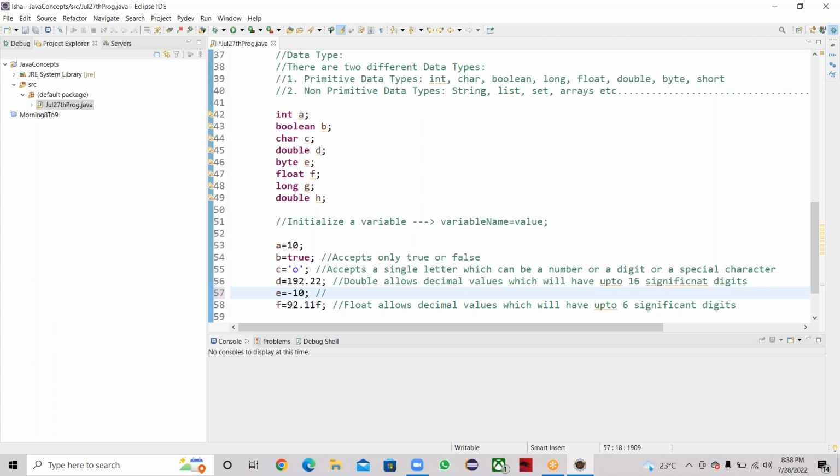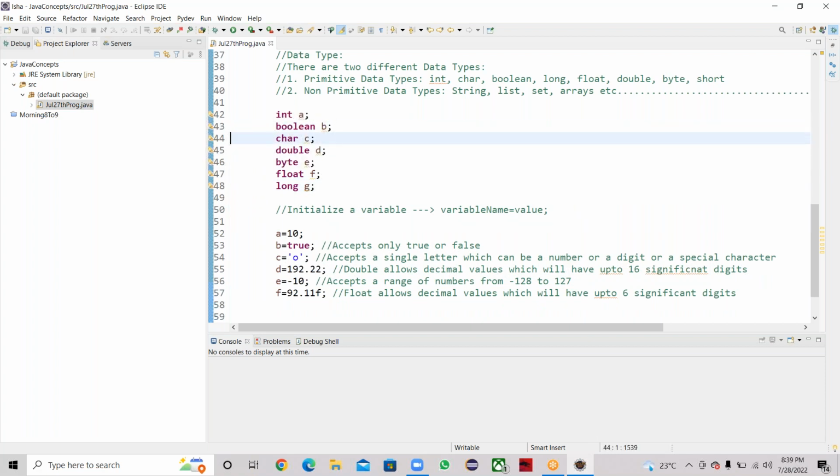Byte means what? It accepts a range of numbers from -128 to 127. Clear? Clear, everyone?